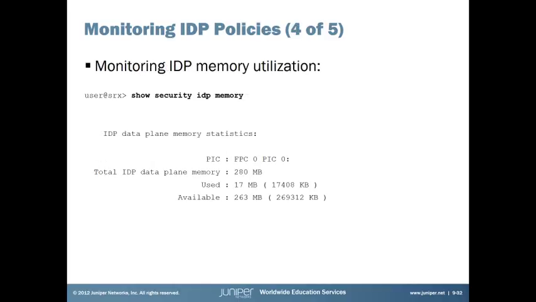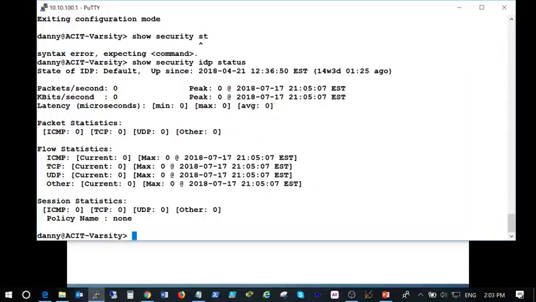We can go and look at memory utilization. This is relatively important. IDP is fairly resource intensive as a process, and so you can find that you are consuming a lot of processor and memory resources in running IDP. Interesting to see what this one says.